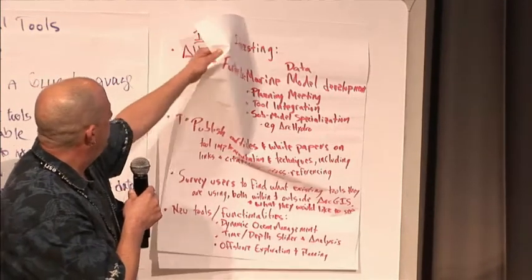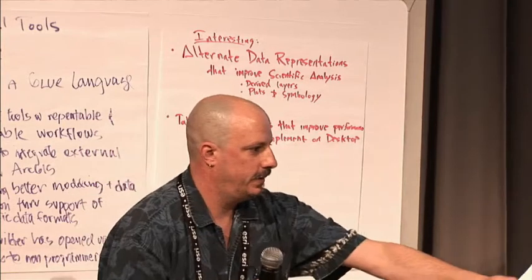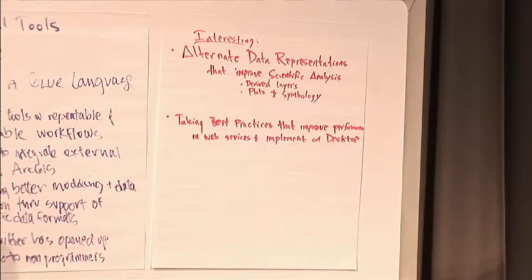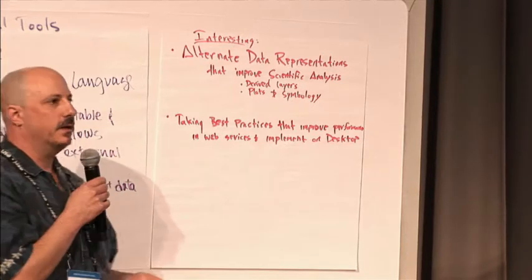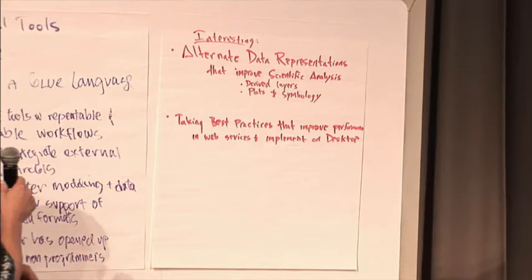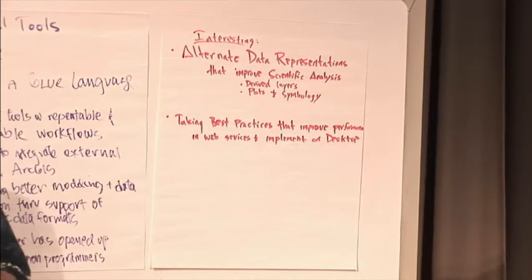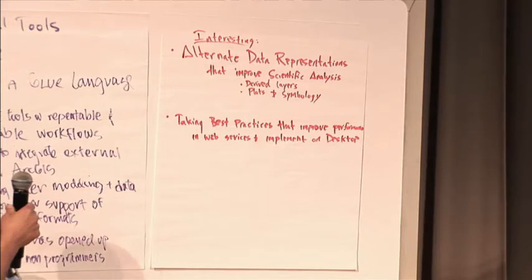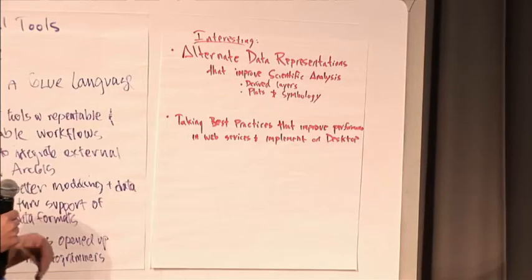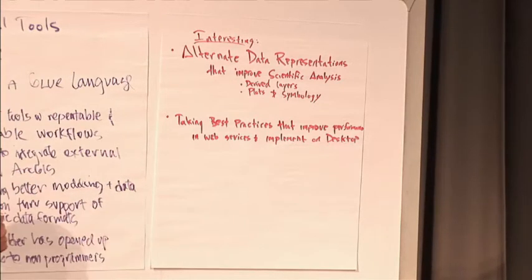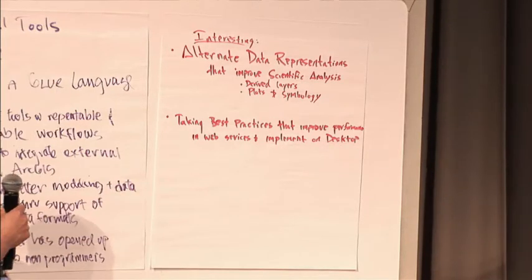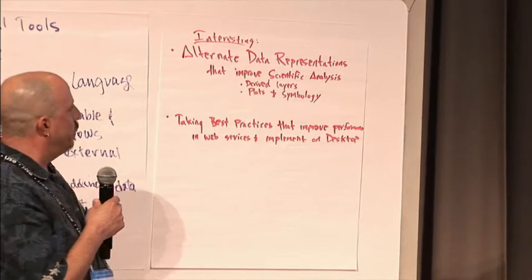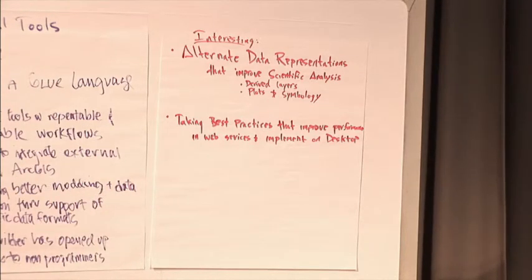I think we have just a couple more interestings. The idea of alternate data representations that improve scientific analysis was brought up yesterday, and this could include derived layers, different ways of representing the same data set while maintaining the original data set's qualities, resolution, and so forth, but showing the data either summarized, aggregated, resampled, what have you, in different ways, sort of a la the way the pyramiding works, but in a way that would allow you to see by choice and also design analyses on those alternate data representations, and also plots and symbology that are user-specific.